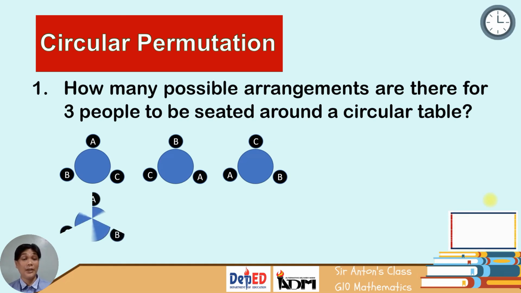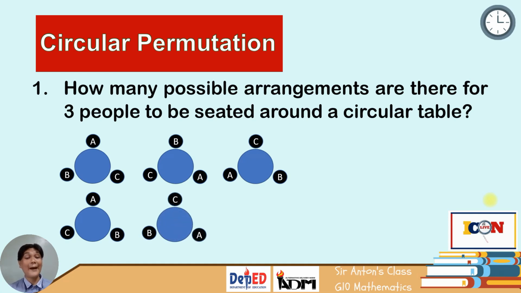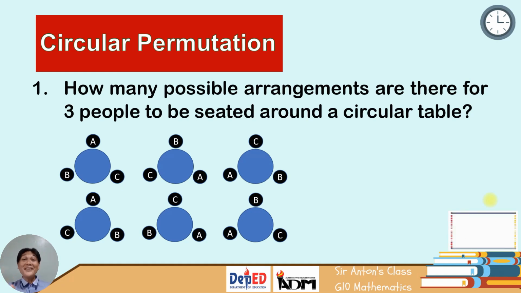Another arrangement, A on top, B on the right, and C on the left. Another arrangement, C on top, and then A on the right and B on the left. And lastly, we have another arrangement, B on top, C on the right, and A on the left. So how many possible arrangements? You answered 6. Oh, I'm so sorry.